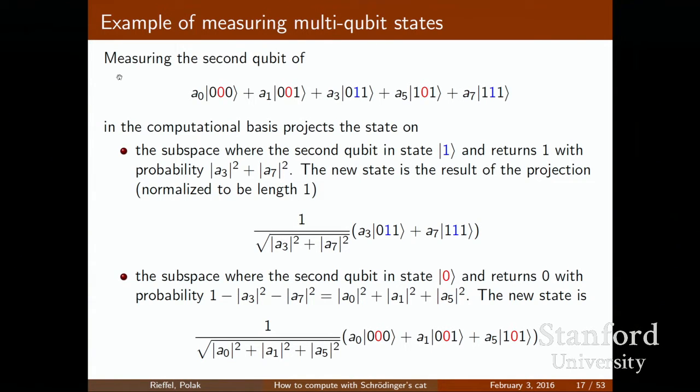And the probability that we measure 0 or 1 is just the sum of the probabilities of the individual vectors that have that component. Sorry, so that would be A3 squared plus A7 squared in this case. This looks more complicated than it really is, because it's just a normalization to make this a unit length vector.